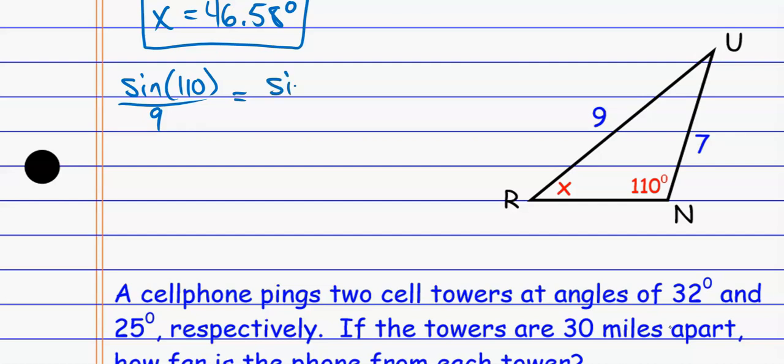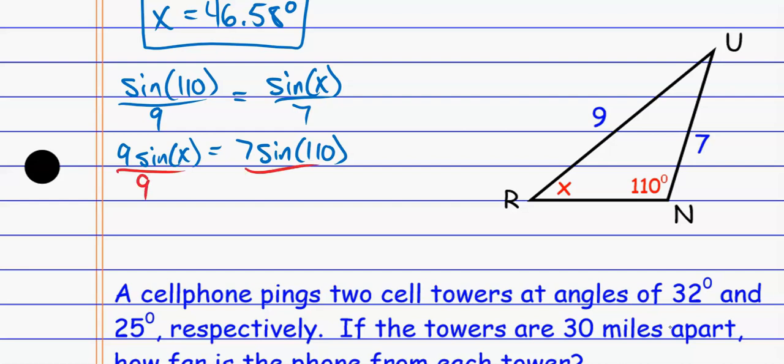Well, the variable is the angle measurement this time, so the sine of x over the opposite side, which is 7. And now I cross multiply and solve. So here, cross multiply. Divide by the 9 so I can get that sine function by itself.